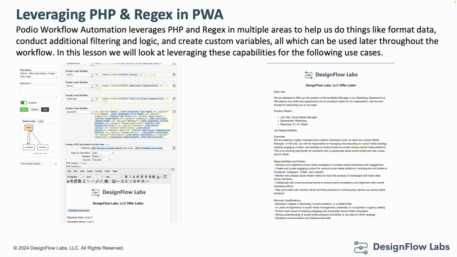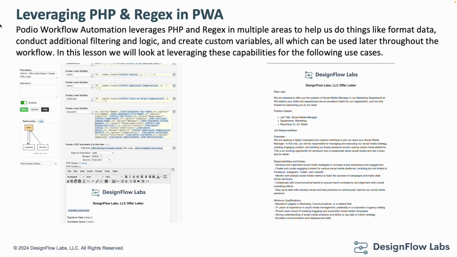And then, going back to the video about the template apps, we were able to reach into a template app called Notification Templates that has a document template. We were able to basically leverage Regex to strip out all of these different tokens that are in that template in Podio and replace them with pieces of information from that specific candidate record themselves, so we could build this offer letter.